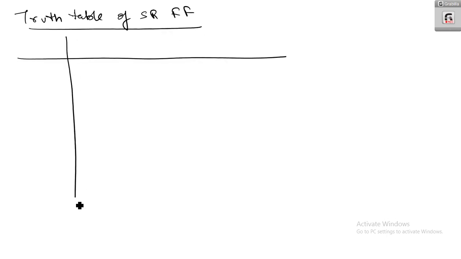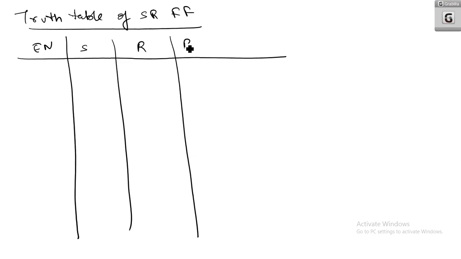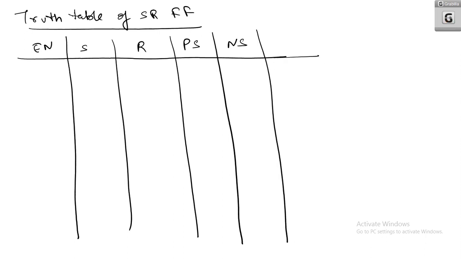So here I am having enable, S, R, present state and next state, and what is the state? So initially I am keeping enable equal to 1 only.